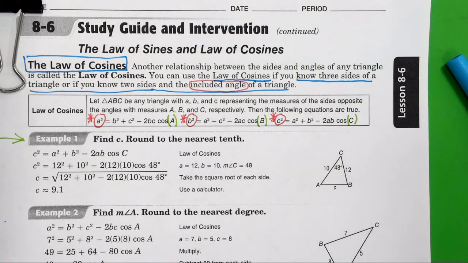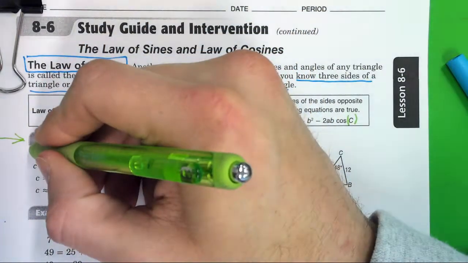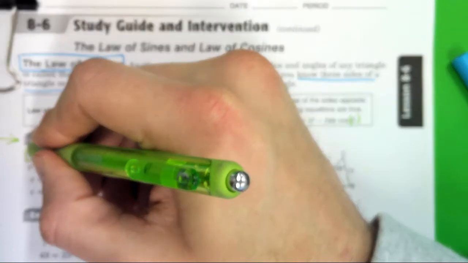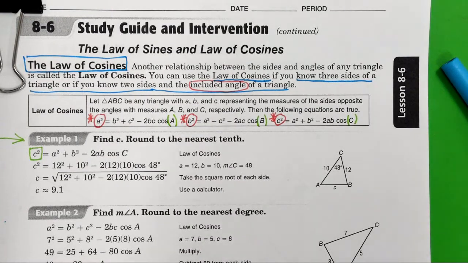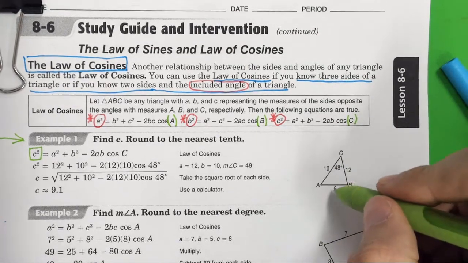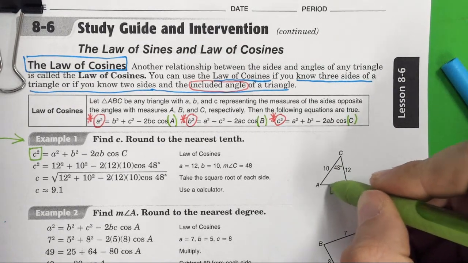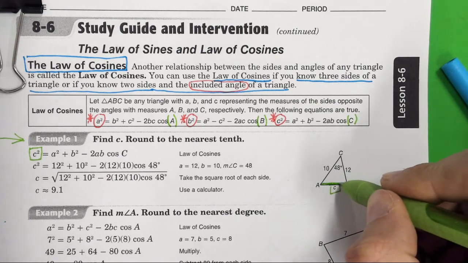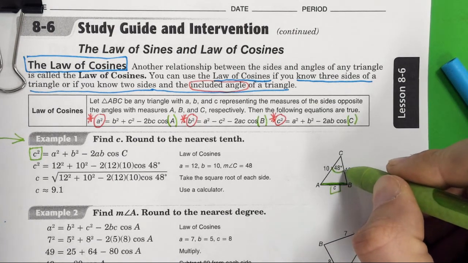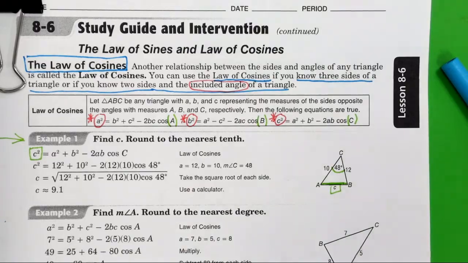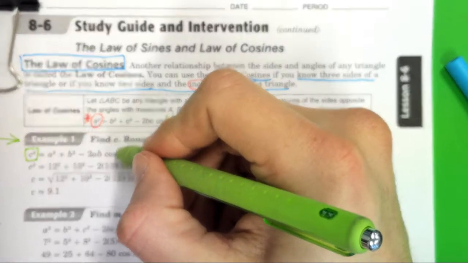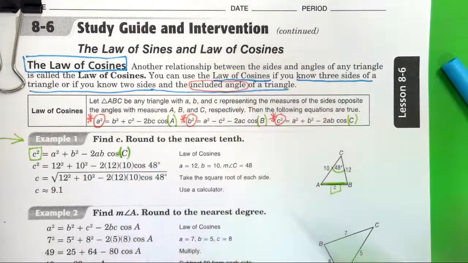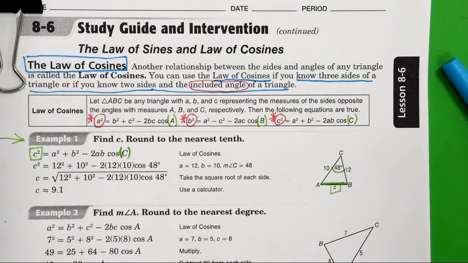We'll say this c squared in our formula right here is the side length opposite of that one angle, 48 degrees. Okay? So I'll highlight this uppercase C in our formula, green, along with the side that's opposite, green.